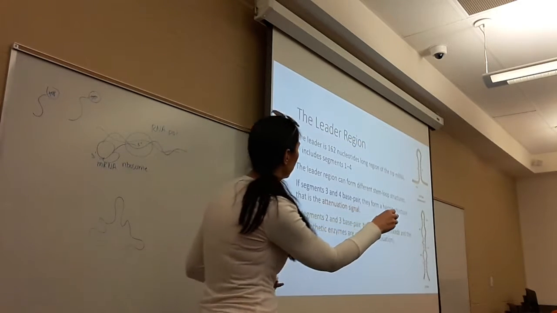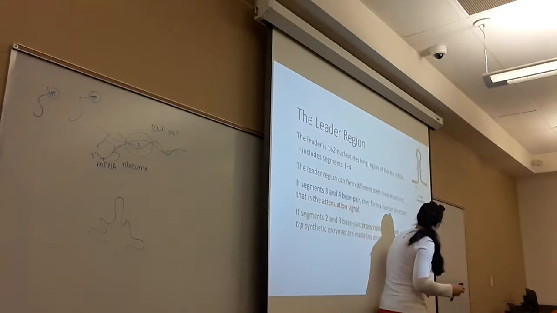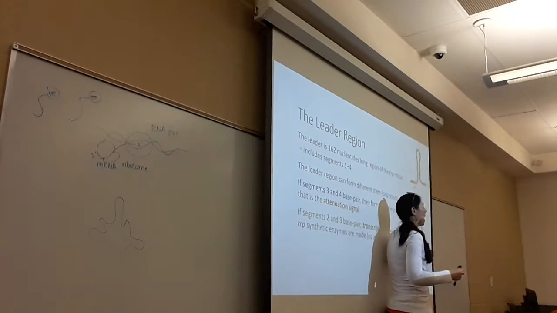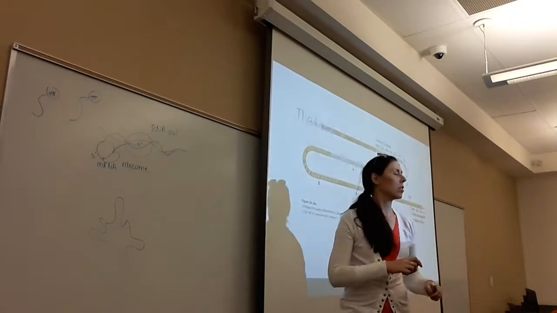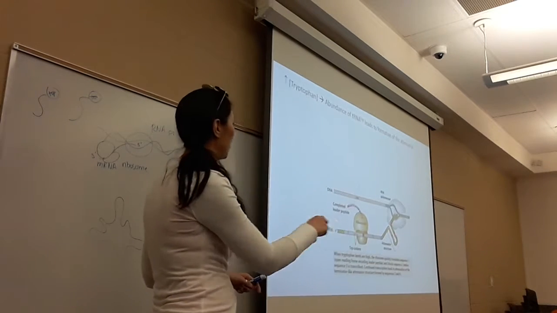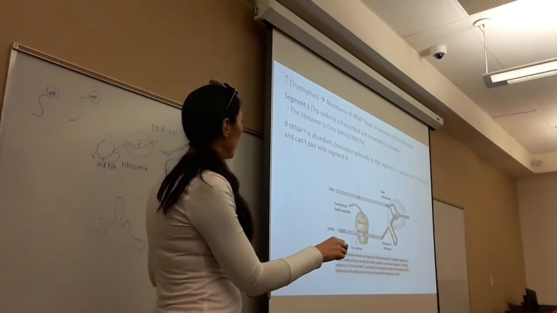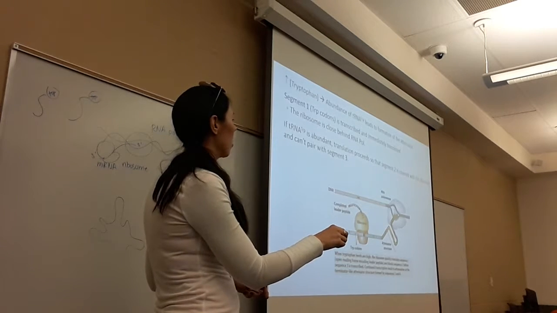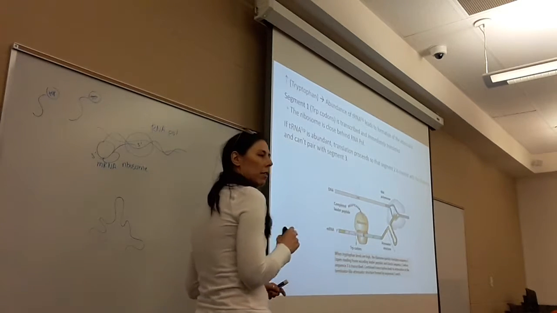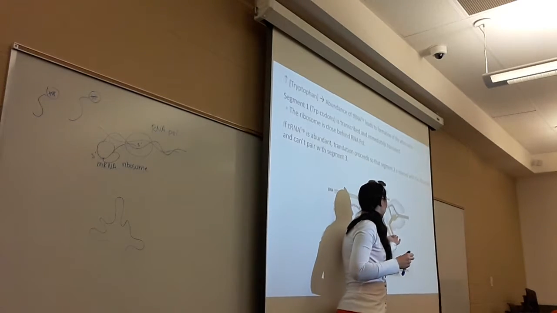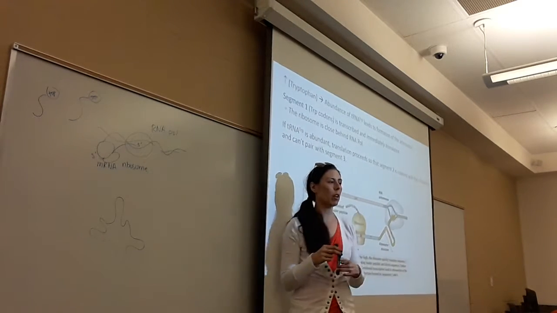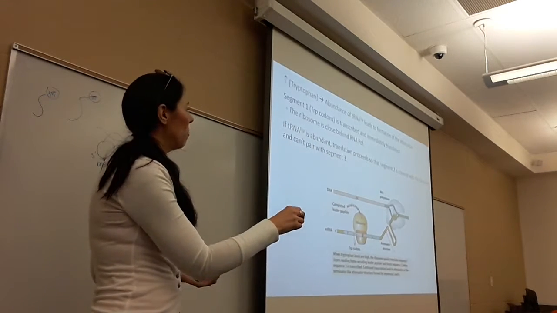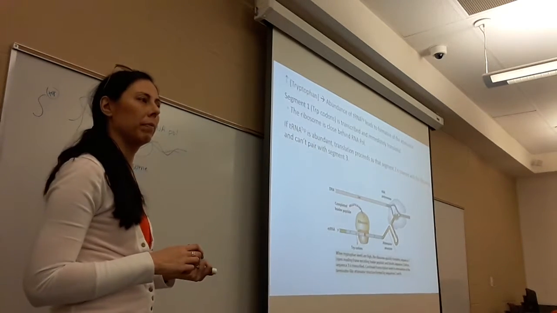So remember that the 2-3 base pair, segment 2 with segment 3, can't make this structure because segment 2 is all covered up by the ribosome. So that leaves segment 3 to form the hairpin structure with segment 4. So 3 and 4 form this lovely structure we call the attenuator, and that terminates transcription.